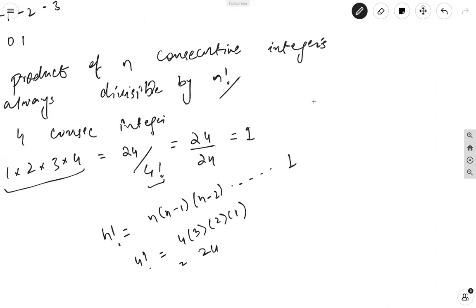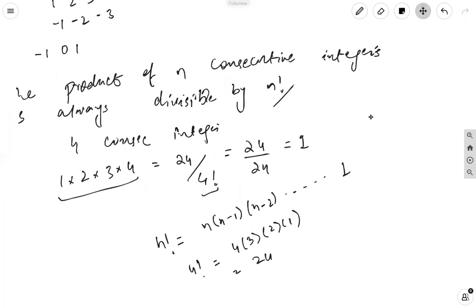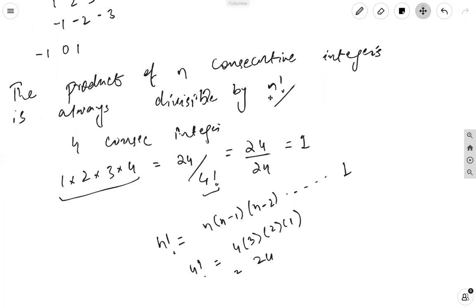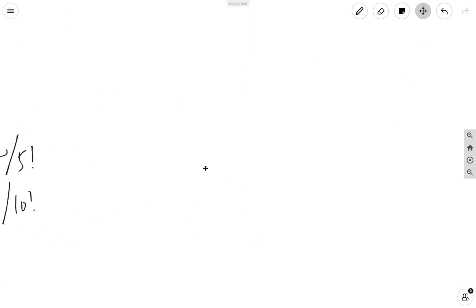It will be divisible by the total number's factorial. It doesn't matter whether it is 5, 6, 7, or any number. If those are 5 consecutive integers, the product is divisible by 5 factorial. If 10, divisible by 10 factorial. This was the first property.